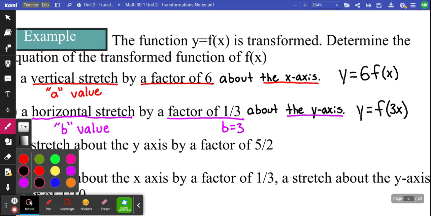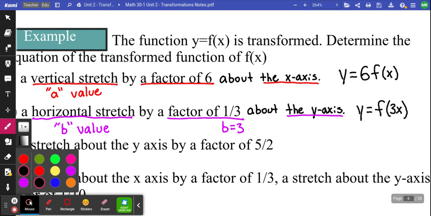Something I do to help me is, now you start to get into this weird situation where sometimes the number actually matches, sometimes it's the opposite of what it looks like. When you're talking about vertical things, so vertical translations or vertical stretches, the value is actually the value in function notation. It's telling you the truth. So when I say vertical stretch by 6, the number 6 is actually in my function notation. When you're talking horizontal anything, so horizontal stretching, horizontal translating, so it's shifting, then it's going to be the opposite.